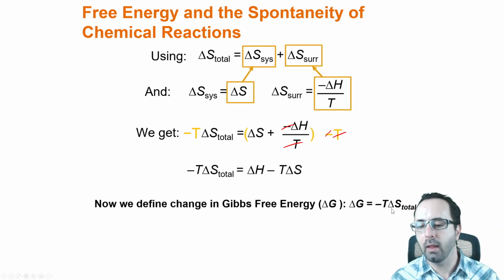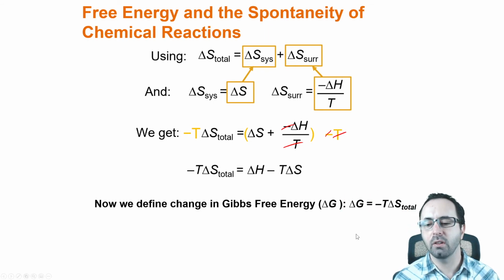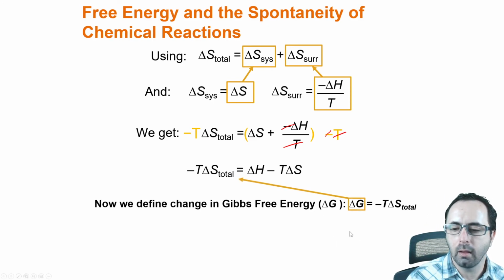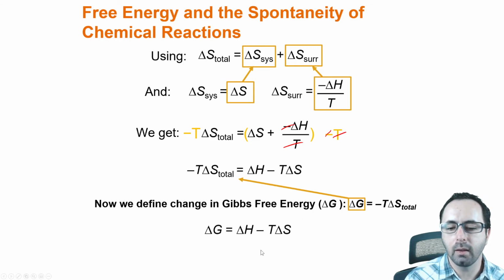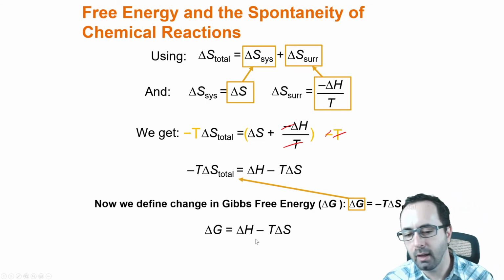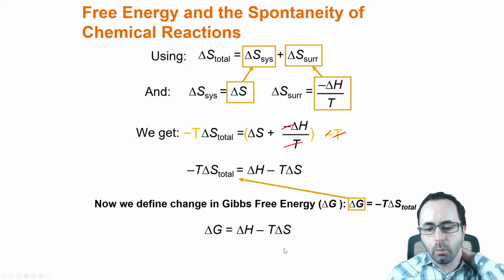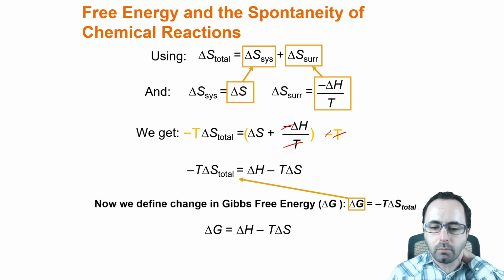We're going to call negative T delta S total the delta G, or the change in the Gibbs free energy of the reaction. And so now if we plug in delta G for minus T delta S, we get delta G equals delta H minus T delta S. And these all now have to do with the system. So we don't have to worry about the surroundings.